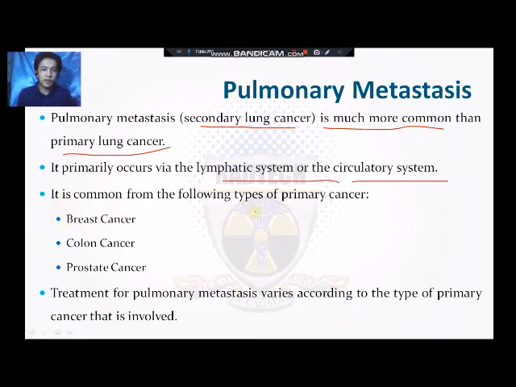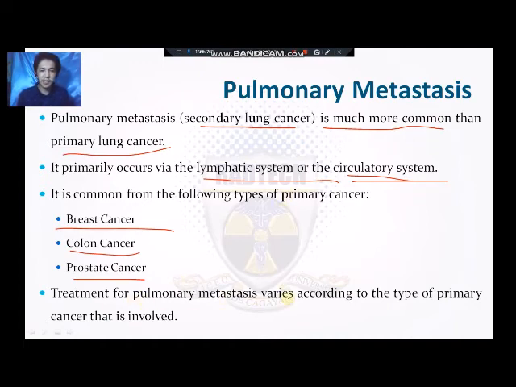So it is common from the following types of cancer. If the patient has breast cancer, it can easily transfer to the pulmonary system. If the patient has colon cancer or prostate cancer, these cancer cells can pass through the lymphatic or circulatory system to invade our pulmonary system.